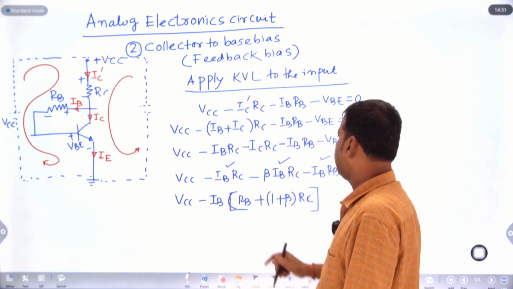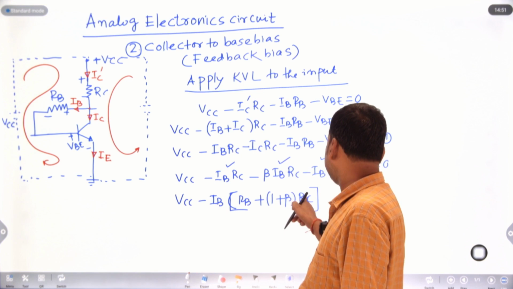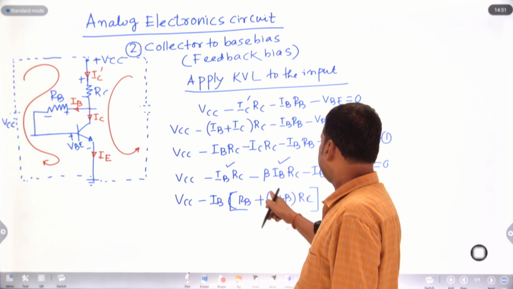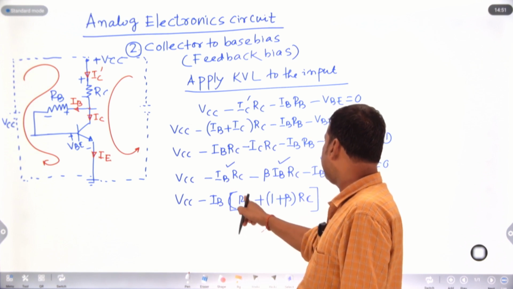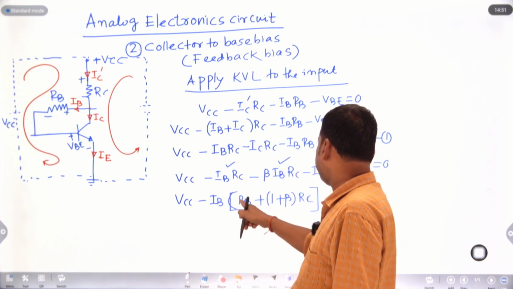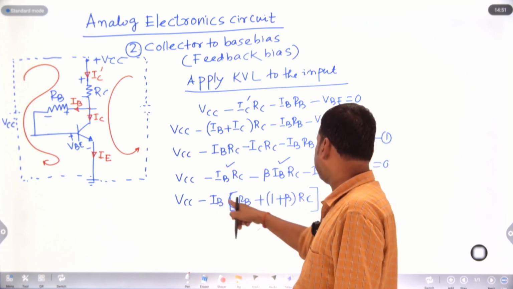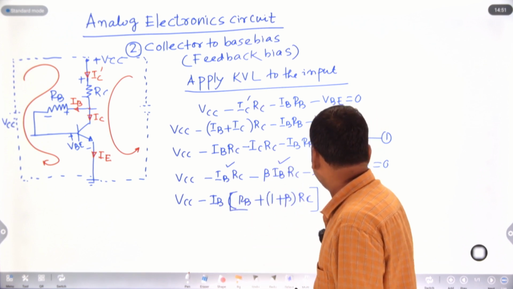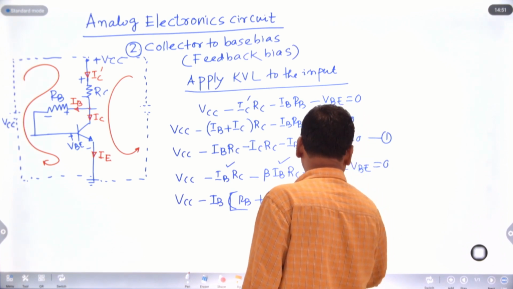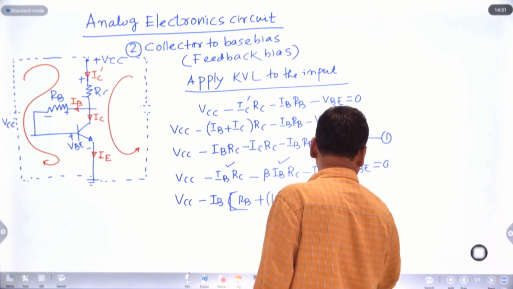So this is IB into RB, IB into RC, and IB beta RC. Then minus VBE equal to 0.